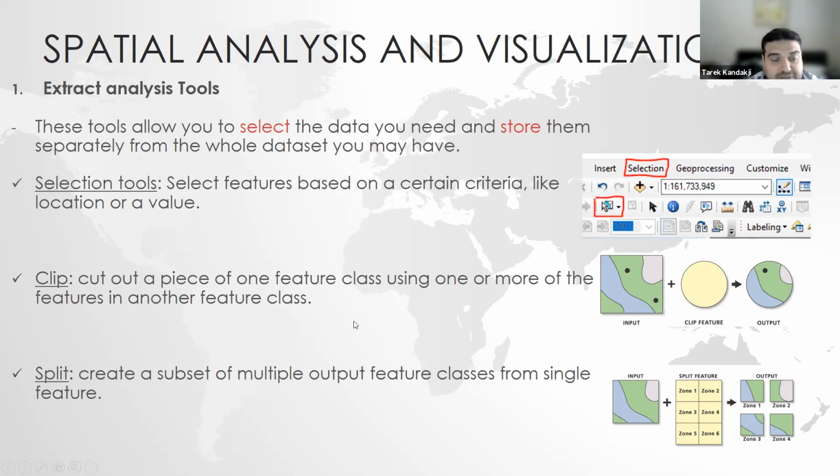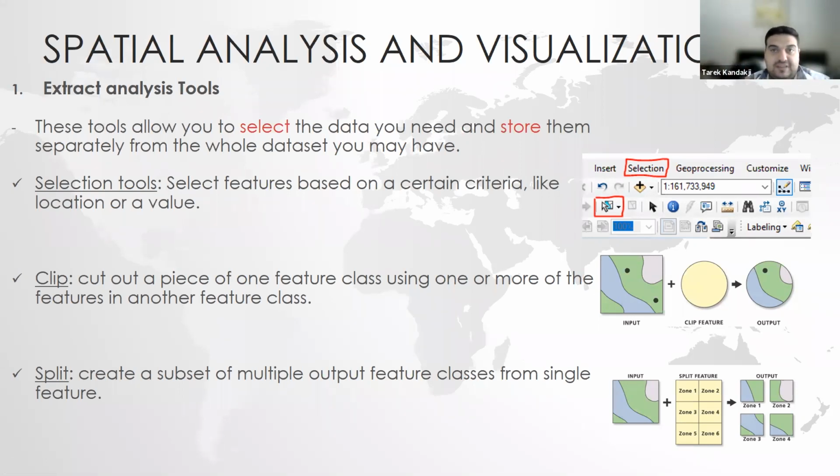Another tool is the split tool. Create a subset of multiple output feature classes from a single feature. Like let's say you have a map of Africa, and you have a grid system, like you want to divide this into different maps.